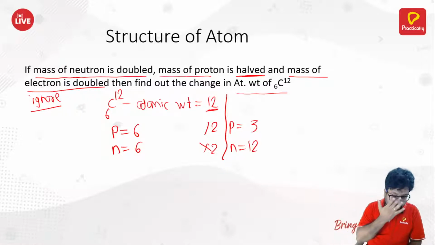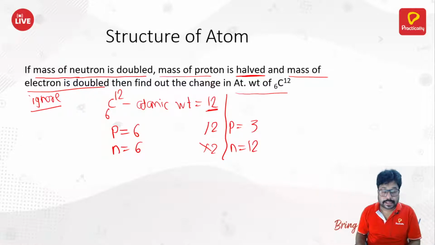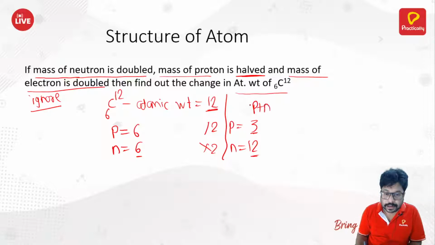So doubling the mass of neutron is like taking double the number of neutrons. It is as good as that. So I took 12 neutrons instead of 6, and proton mass is half, so I took 3 protons. Now P plus N gives you your mass number, and mass number gives you your atomic weight.